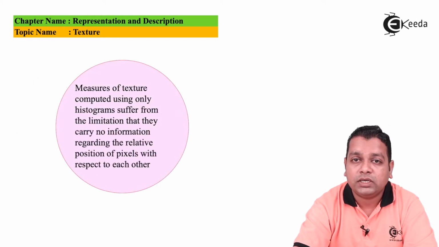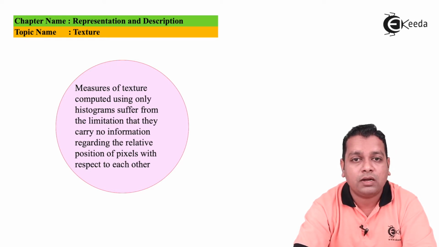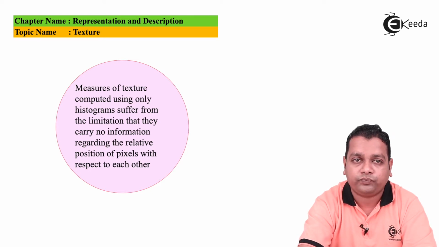So measures of texture computed using only the histogram suffer from the limitation that they carry no information regarding the relative position of the pixels with respect to each other.